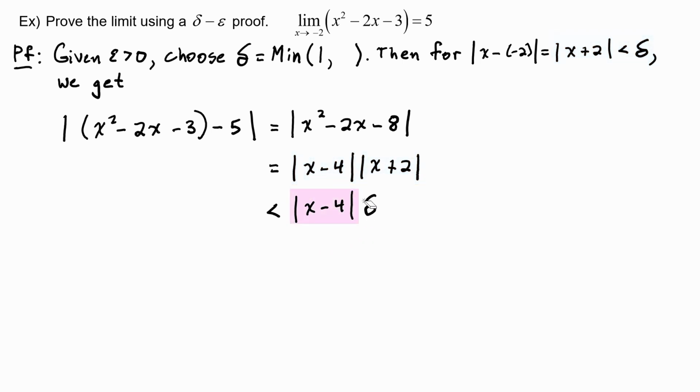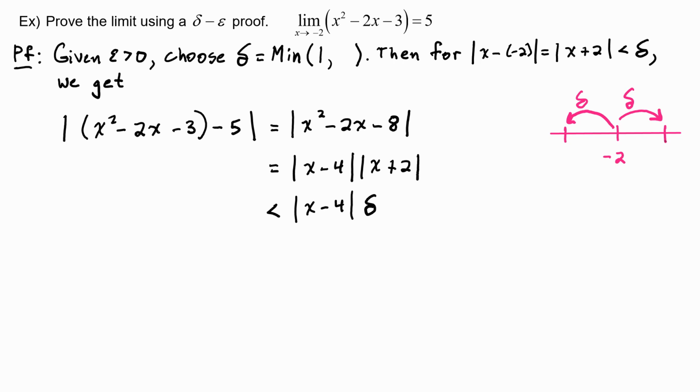Now we need to control this factor, and that's where we do our worst case scenario analysis. Let's make a number line. We know that our x value is approaching negative 2, so that's what will go on our number line. We know that delta will go off to the right, and delta will go off to the left.